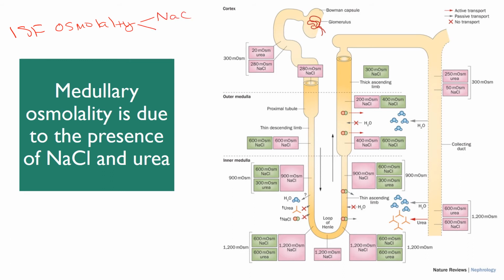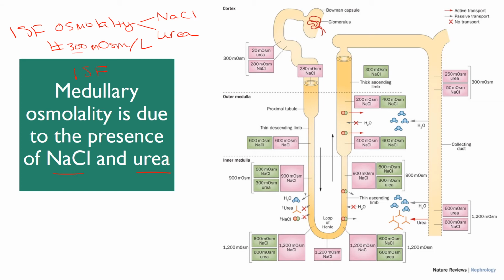It contributes to the actual number, say the 300 milliosmoles per liter: half of this 300 is contributed by sodium chloride, and the other half comes from urea. So the medullary osmolality of the ISF, interstitial fluid, is due to the presence of sodium chloride and urea.